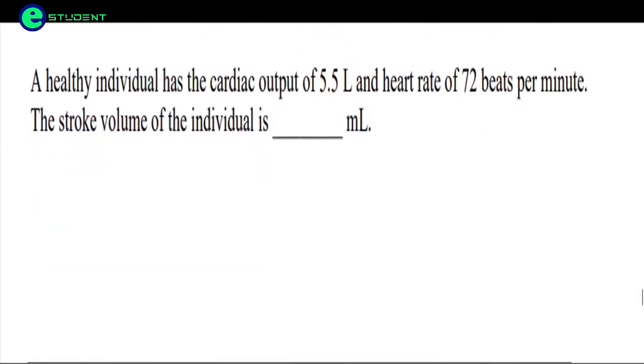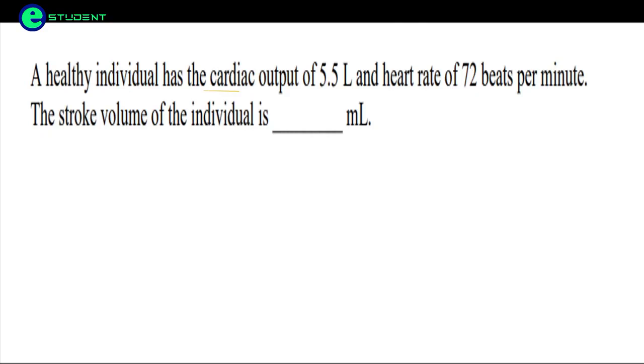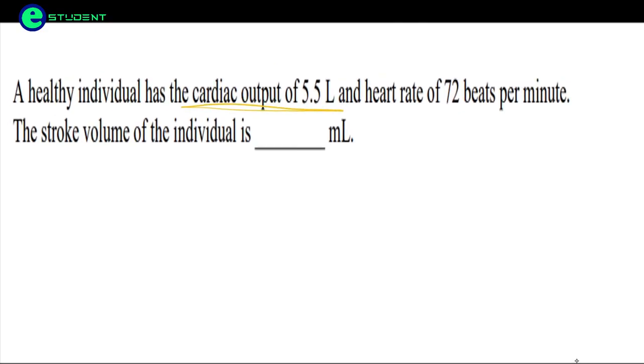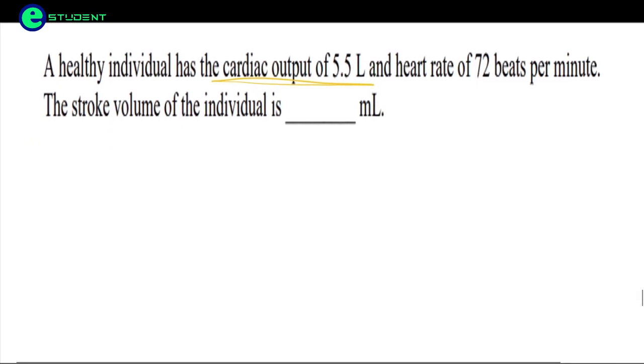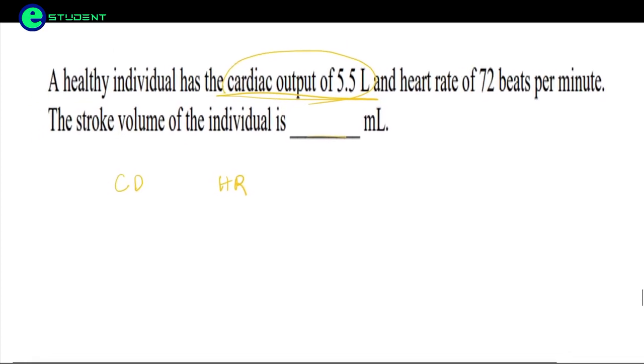Next question. A healthy individual has a cardiac output of 5.5 liter and a heart rate of 72 beats per minute. The stroke volume of the individual is dash ml. So in the question we are having the cardiac output, that is CO, and the heart rate HR, and the stroke volume.